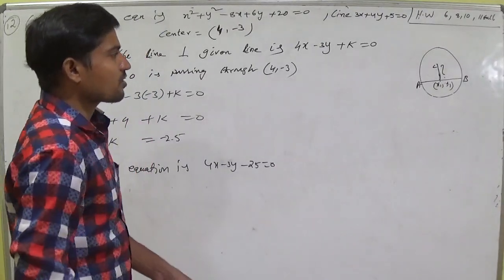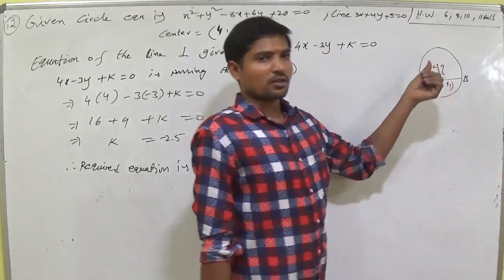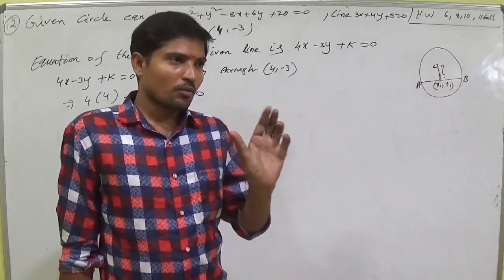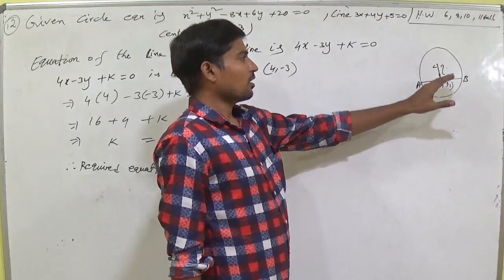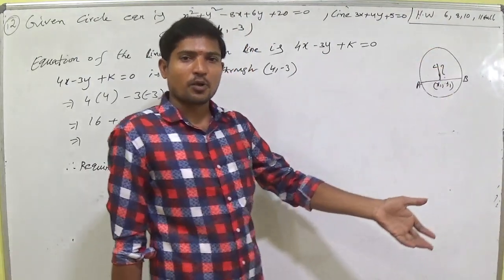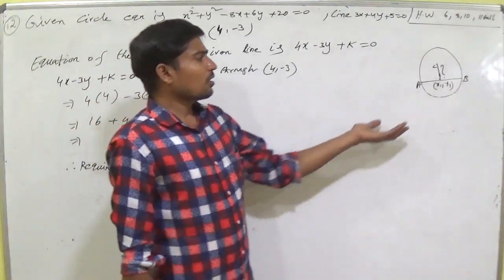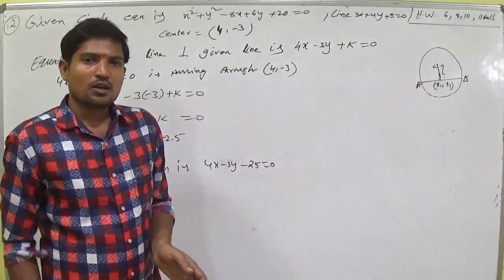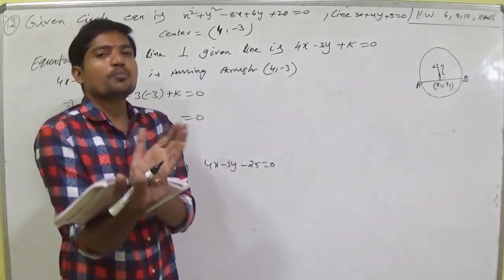So try to understand. The line of midpoints of chords passes through the center. He has given the line 3x plus 4y equals 5. Whatever he gave and whatever I am going to find are perpendicular.